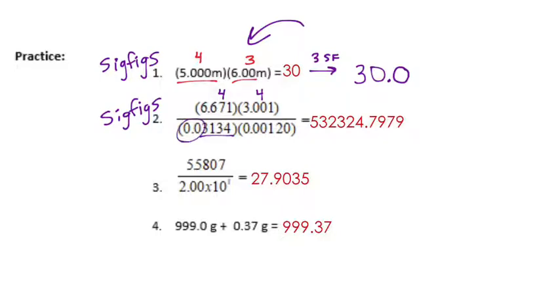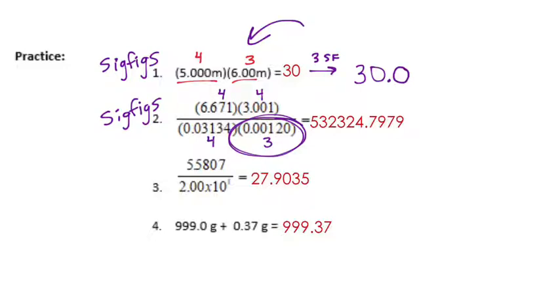Those leading zeros are not significant, so this first number on the bottom only has 4 SigFigs. And then this last number has 3. The leading zeros are not significant, but that trailing 0 is. So, like I've said before, one bad measurement, one number with less SigFigs means that's going to determine what we round our answer to. If they were all 4, then we just round it to 4 SigFigs.